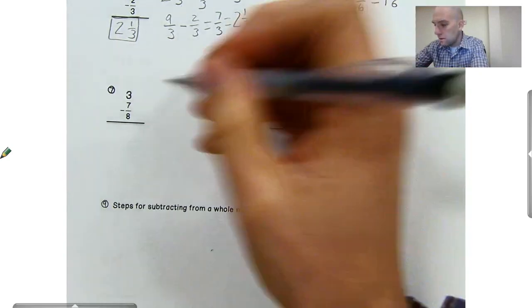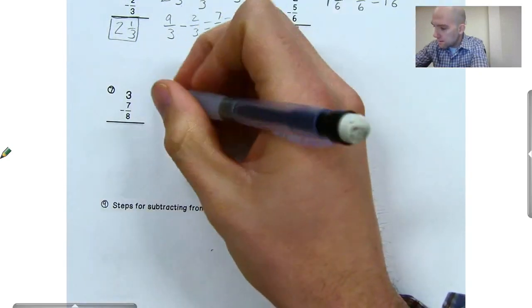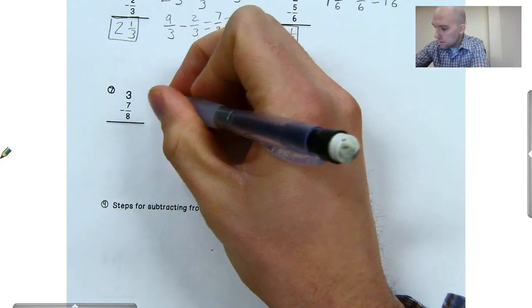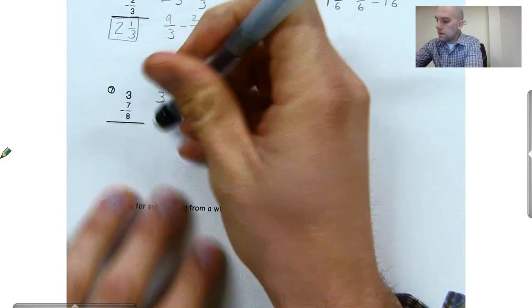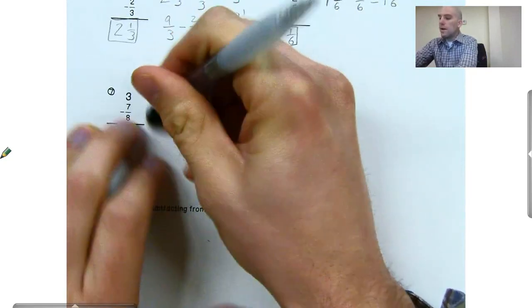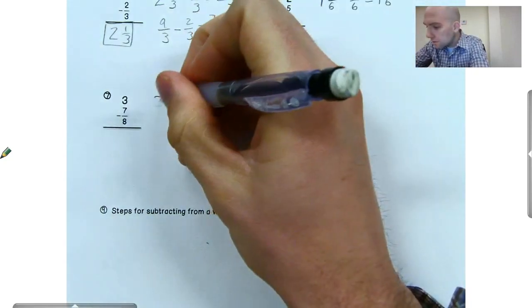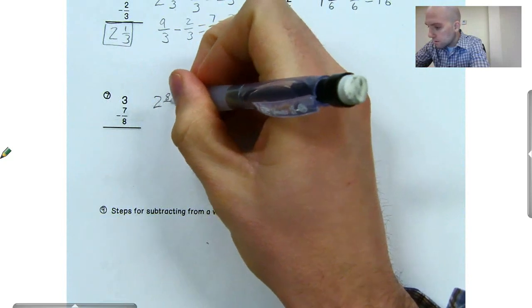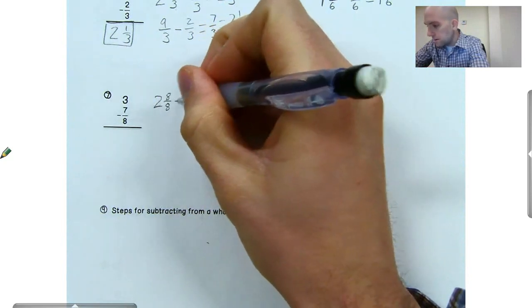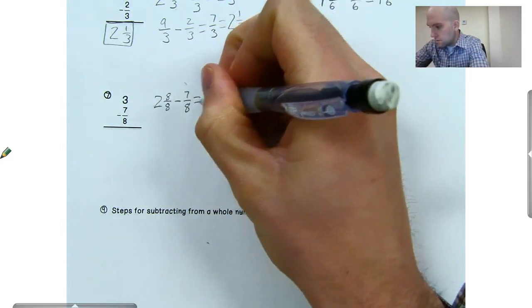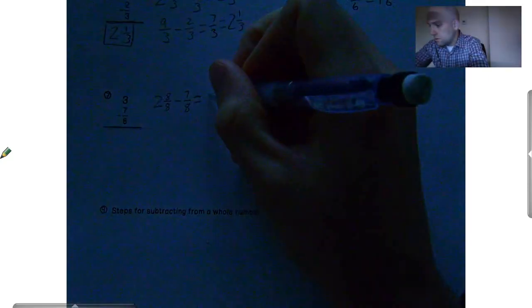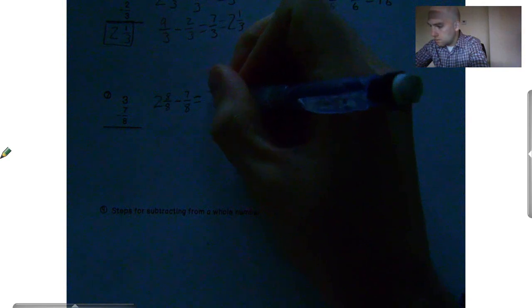Next we have 3 minus 7 eighths. 3 is going to become 2 and 8 eighths, minus 7 eighths equals 2 and 1 eighth.